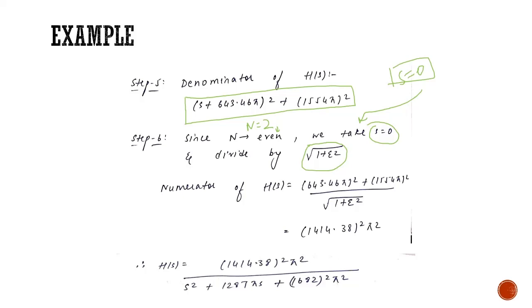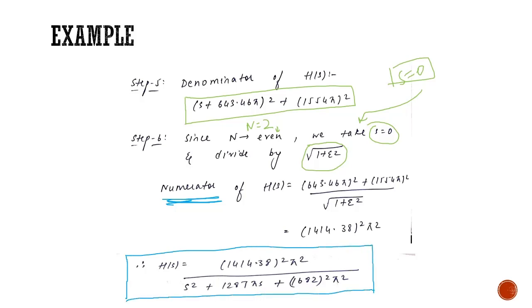So that makes the numerator of h of s, mind you, numerator of h of s to be 1414.38 square pi square. Therefore, putting the numerator and the denominator back where they belong, we get our final answer, which is our transfer function h of s.